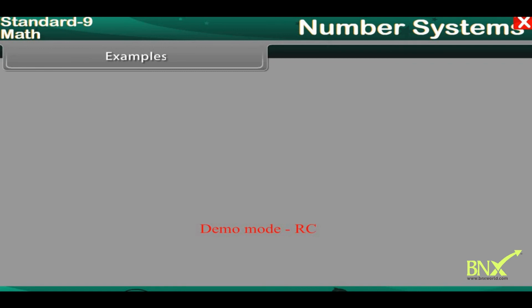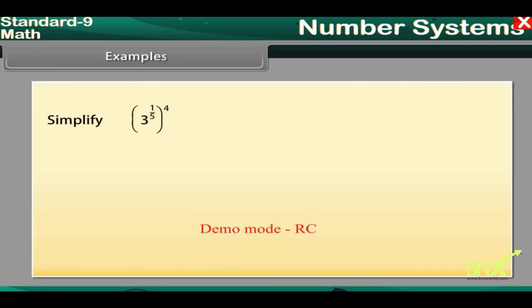Examples. Now let's solve some examples using these identities. Let's simplify the first one: 3 raised to the power 1 by 5 whole raised to the power 4. By multiplying 1 by 5 by 4, we get 4 by 5.